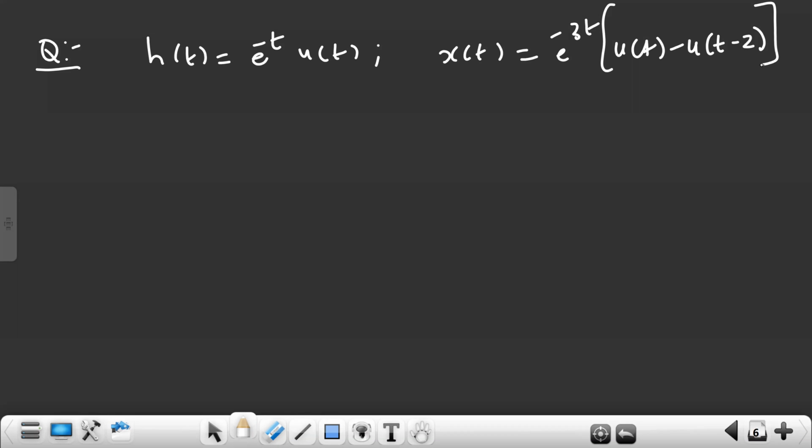I repeat, h of t equal to e raised to minus t u of t, x of t equal to e raised to minus 3t, whole multiplied by u of t minus u of t minus 2. Find the output of the system, find output y of t.